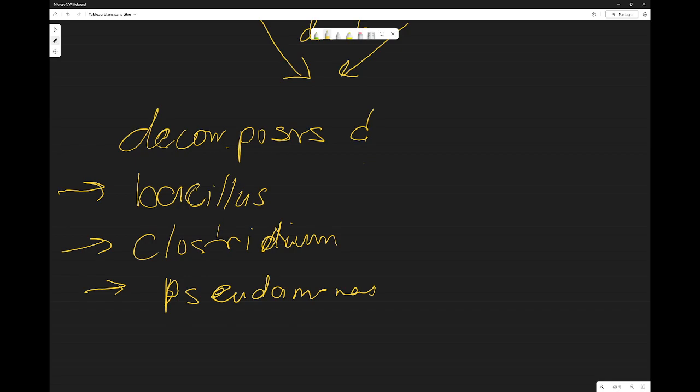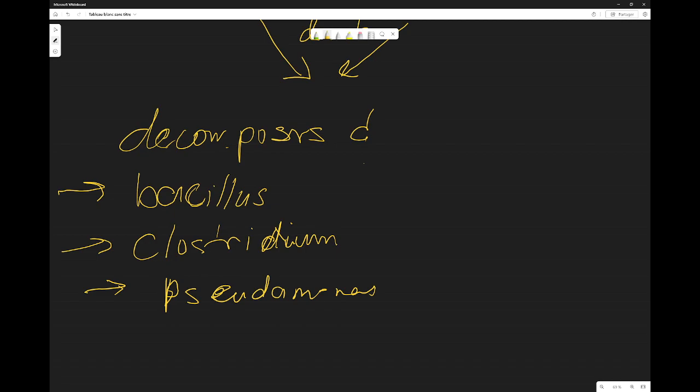So we have decomposers. Now, what are decomposers? They can be microorganisms, usually microorganisms such as bacteria, or they can be fungi or some types of invertebrates as well.